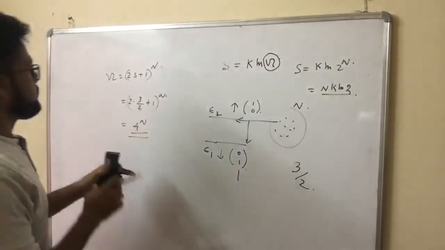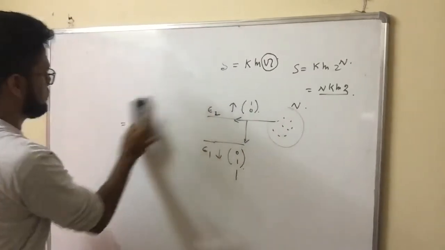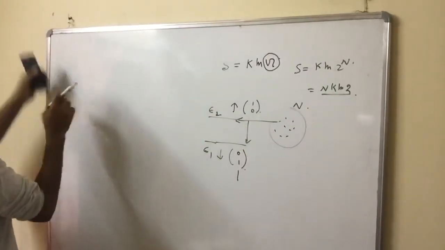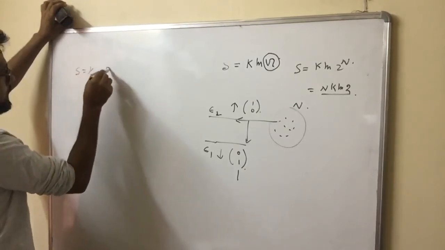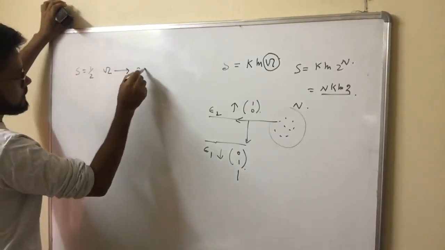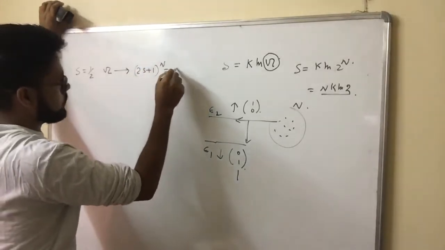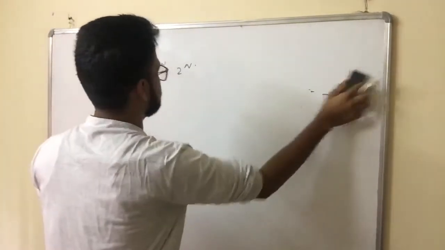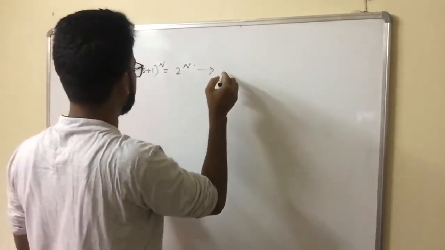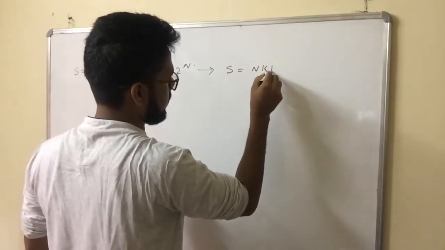Okay, so in this case, suppose I am formally writing for a spin-1/2 particle, omega equals (2s+1)^n, equals 2^n. Then entropy will be n k ln 2.